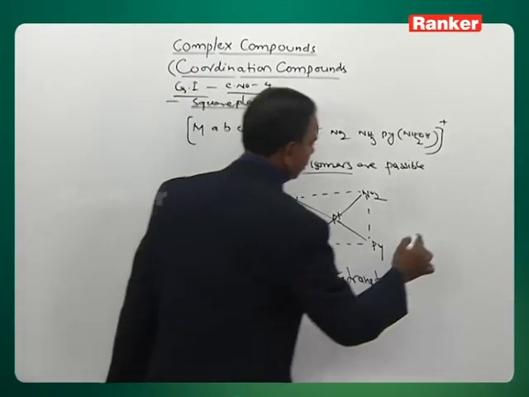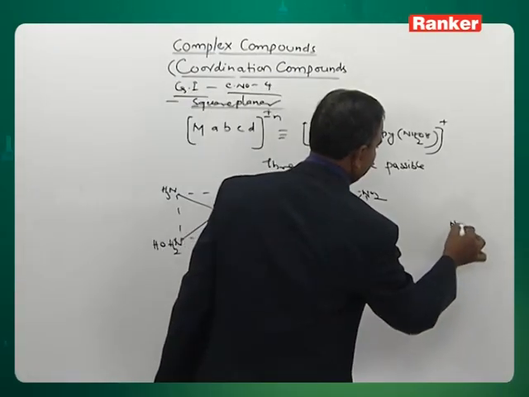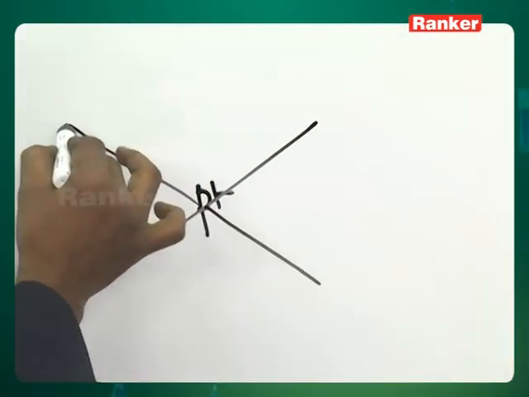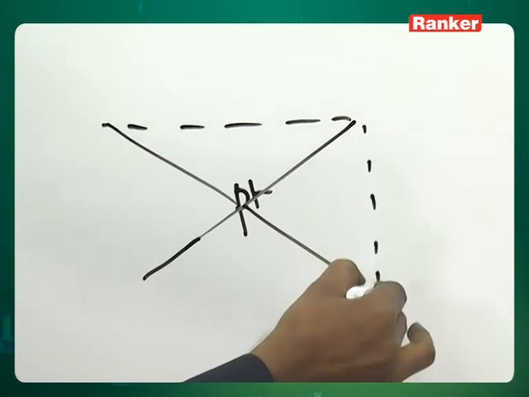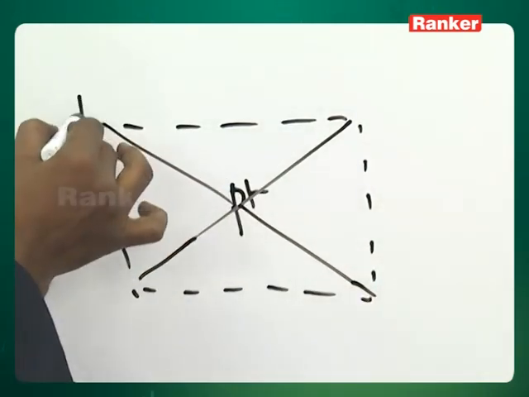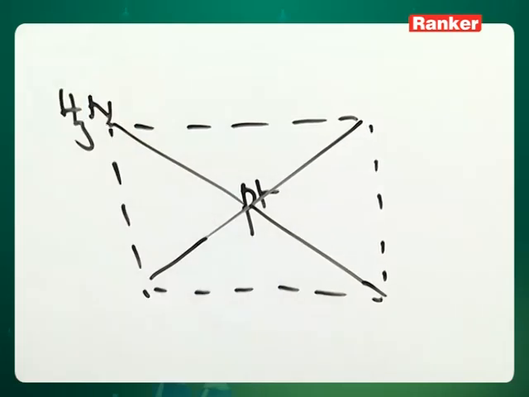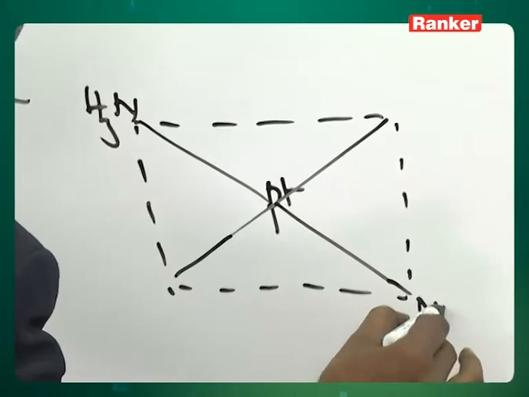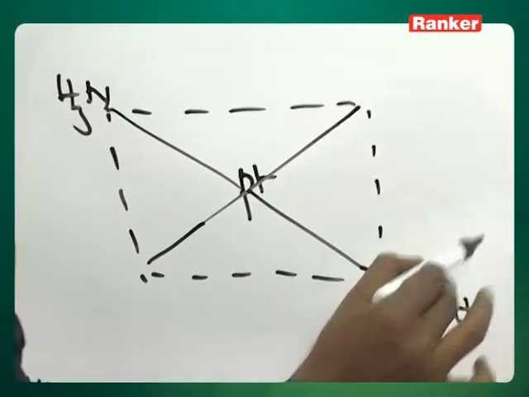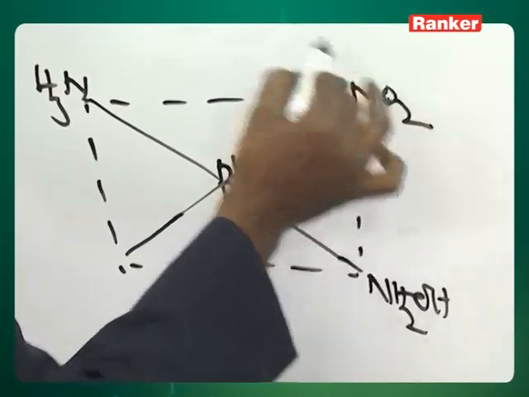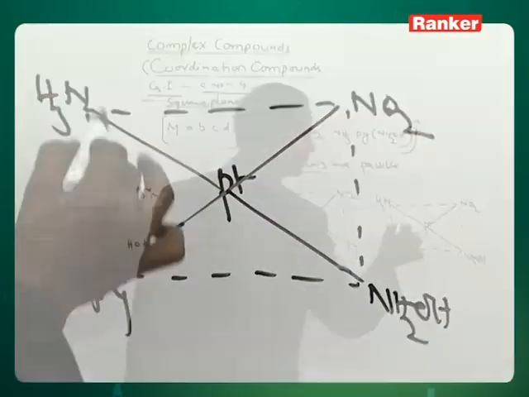Next, third one, look here. NH3, I write NH2OH. Then you keep NO2 here and write Py.